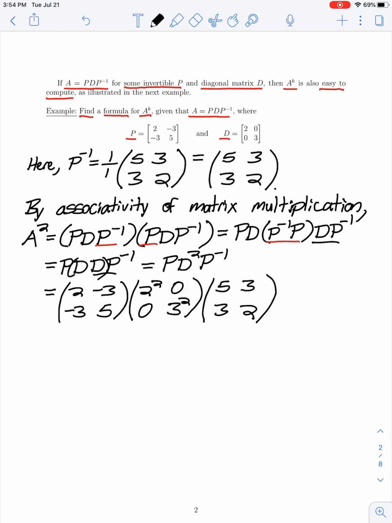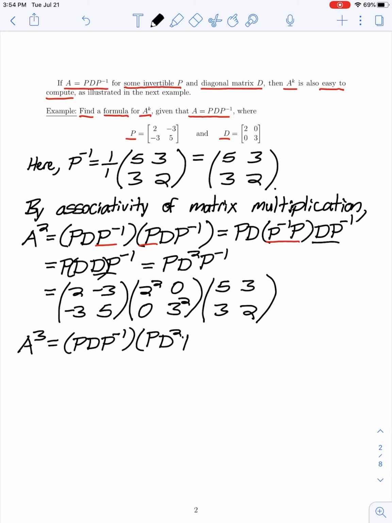So now if we're looking for A cubed, well, we're taking A, which is P times D times P inverse, times A squared, which we just found was P times D squared times P inverse.